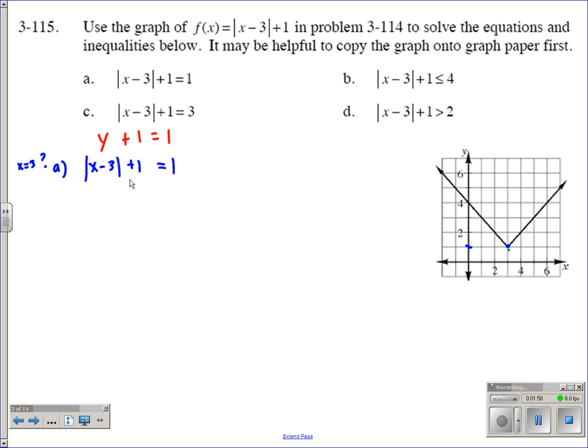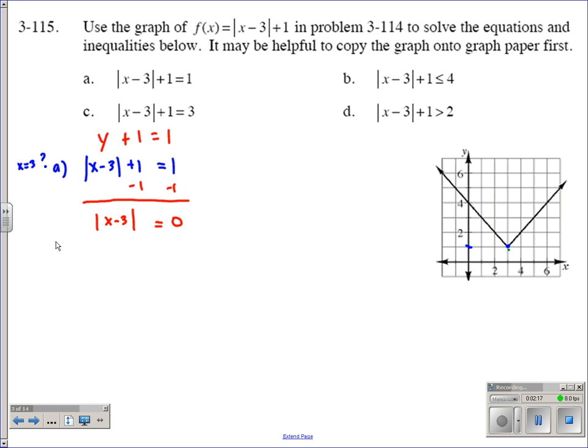We're going to do the same thing here. I'm going to go ahead and subtract 1, and I'm simply bringing down my x minus 3 in my absolute value brackets, and that should equal 0.